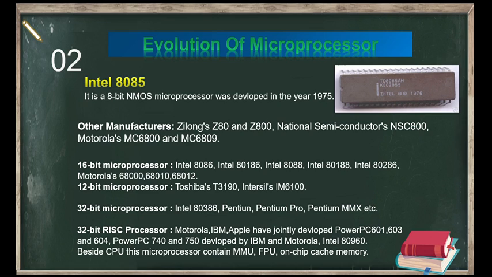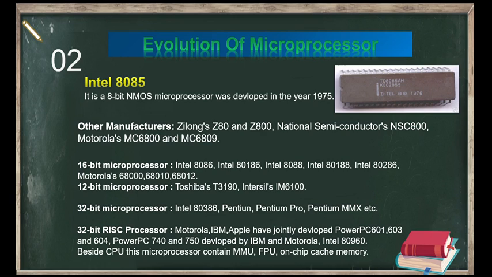Other 32-bit Intel microprocessors are Pentium Pro, Pentium MMX, Pentium 2, Pentium 2 Xeon, and so on. Motorola, IBM, and Apple have jointly developed 32-bit RISC processors, that is PowerPC 601, 603, and 604. PowerPC 740 and 750 have been developed by IBM and Motorola.